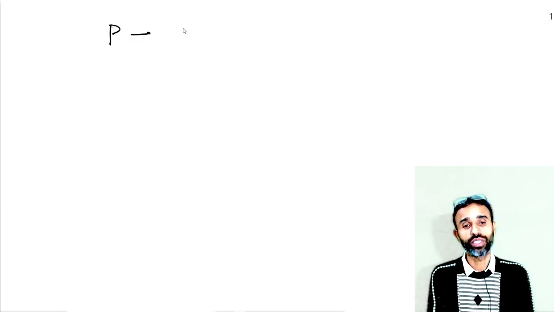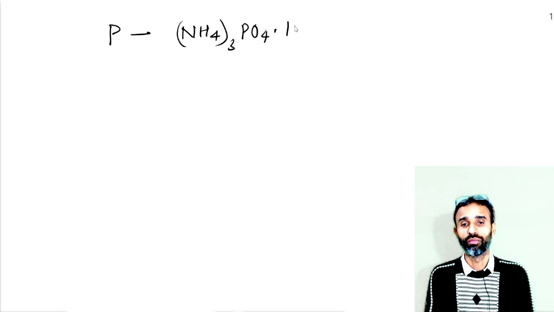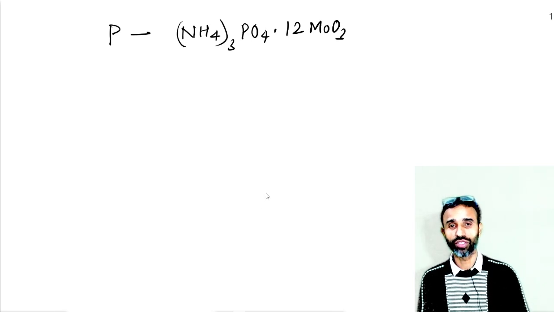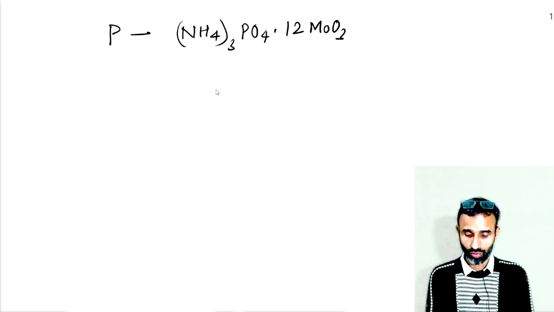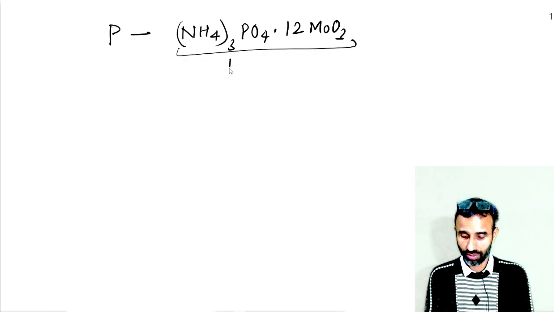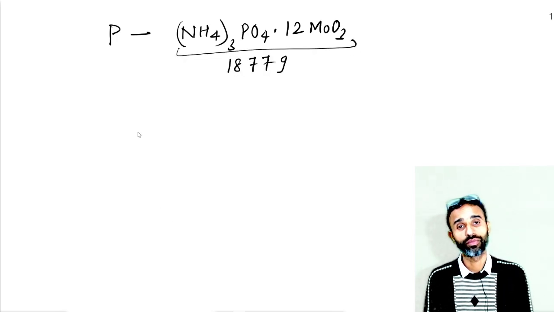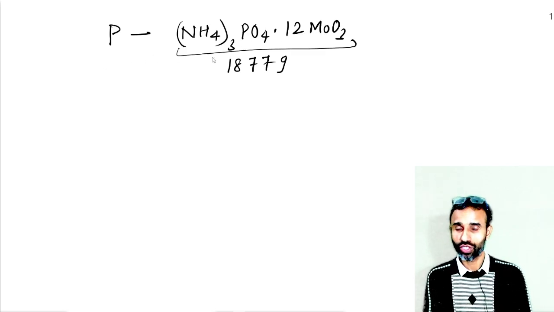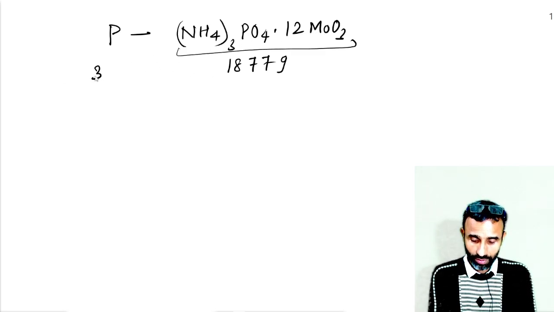And last is phosphorus. So phosphorus is estimated in the form of ammonium phosphomolybdate. Already we have done in qualitative analysis. So keep in mind its molar mass, you have to remember it is 1877. So in ammonium phosphomolybdate there is only one phosphorus. So it is 31.